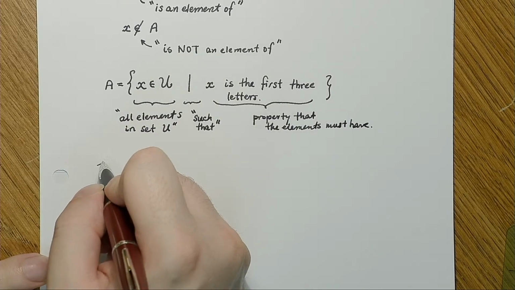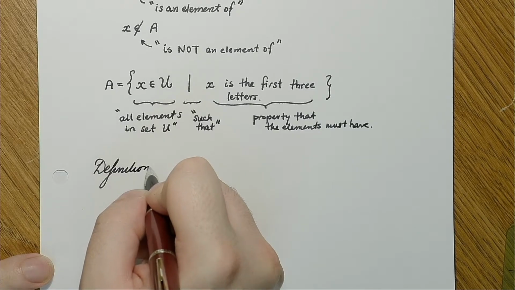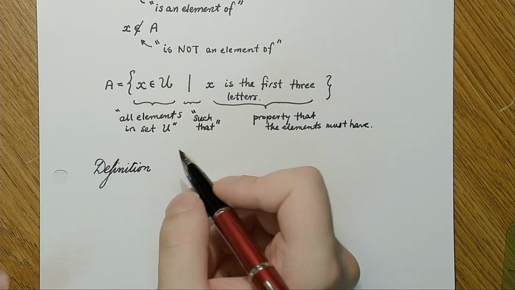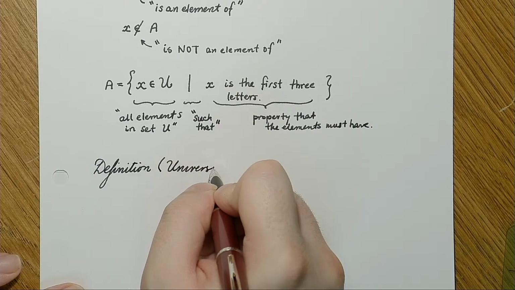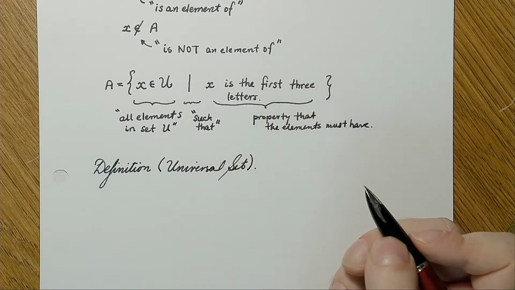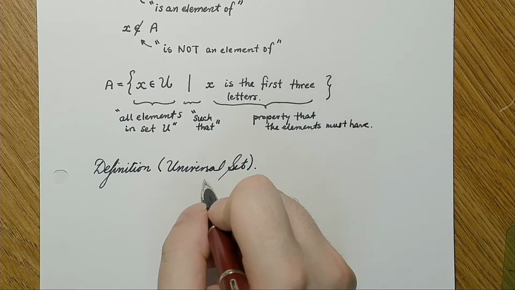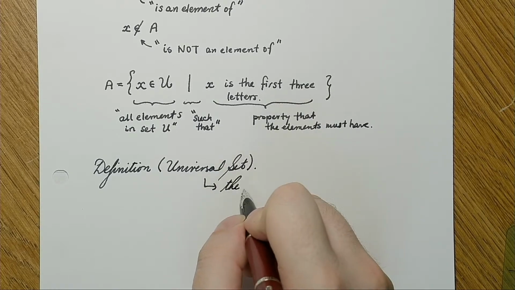So I've danced around this for a little bit, and so I get to define it now. Here's the universal set. And what is it? It's the set that contains all the things that are of interest.